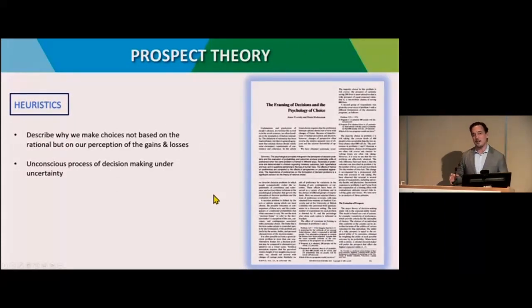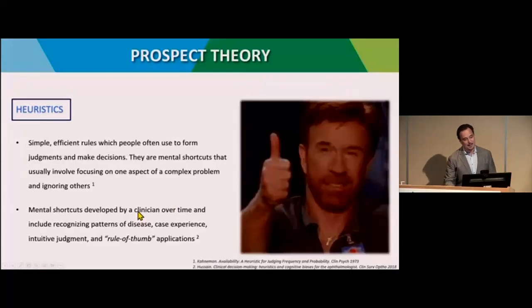So prospect theory and what I've described to you leads into the concept of heuristics. Heuristics are just a way of describing that we make choices not necessarily based on a rational assessment of relative value, but on our perception of gains and losses. This is an unconscious process that underlies our decision making when we're making decisions under uncertainty.